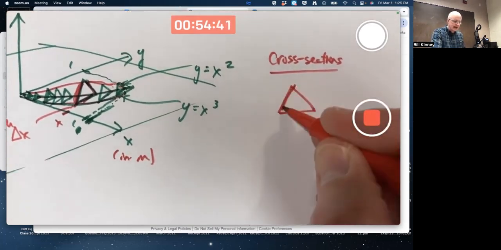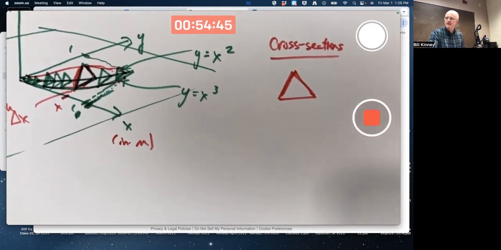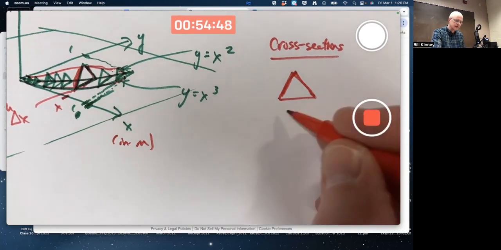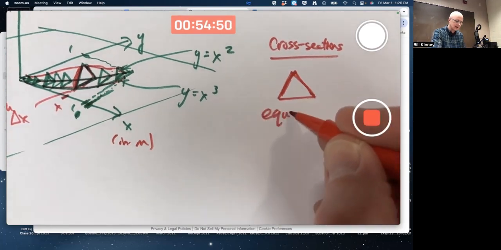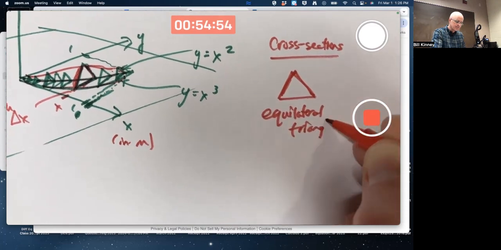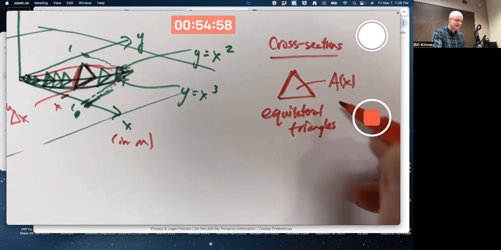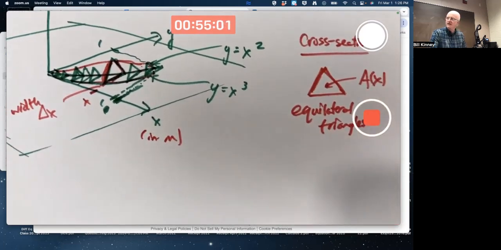The sides are the same, and the angles are all 60 degrees. Those are the cross sections, equilateral triangles, that have a certain area that depends on x. x is going to vary from 0 to 1 here.